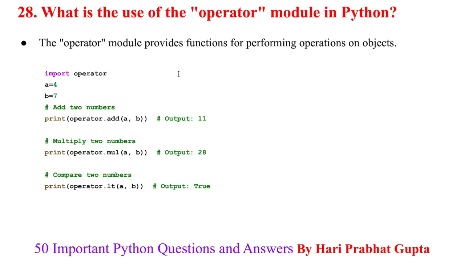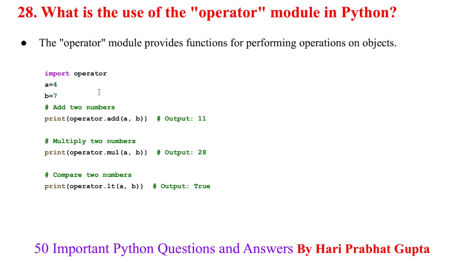What is the use of the operator module in Python programming? The operator module in Python provides functions that can be used to perform various operations on objects. Instead of writing the operation explicitly, we can use the corresponding functions from the operator module, and this can make the code more readable and concise.